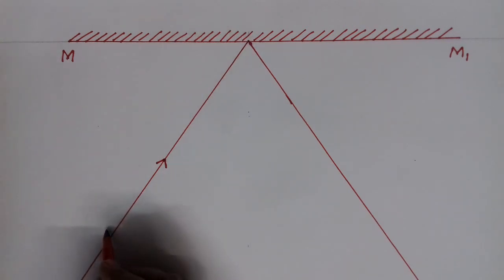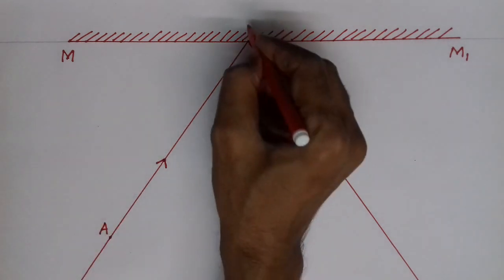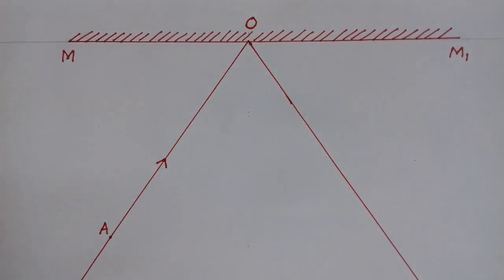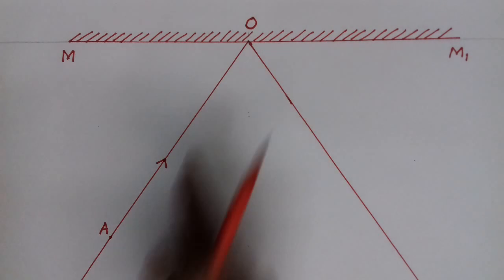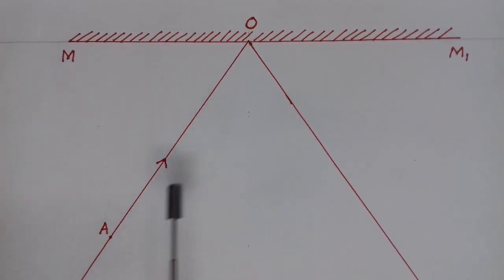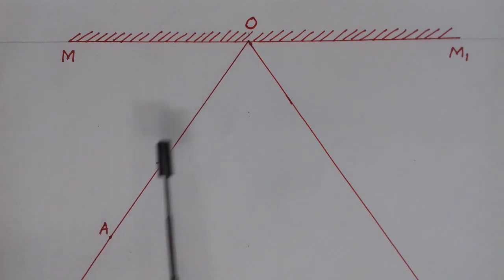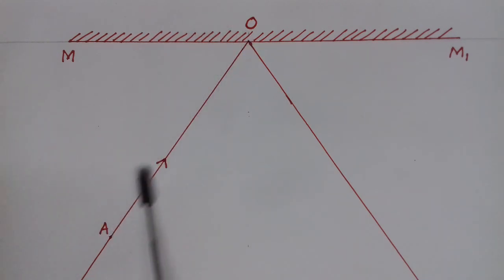Let the name of the ray, the part of this line, be AO. O is this point. AO is the ray which strikes the mirror. This is called the incident ray, which is falling on the mirror. AO is the incident ray.